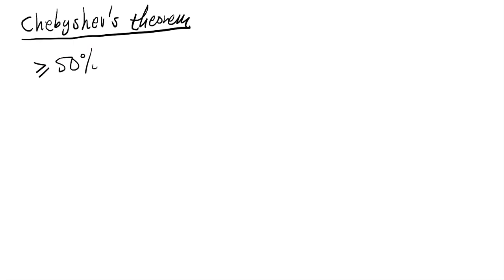50% of the data in the data set will lie in the following interval. You take from the middle, from the average of the data set, and you go square root of 2 standard deviations to the left, and square root of 2 standard deviations to the right.